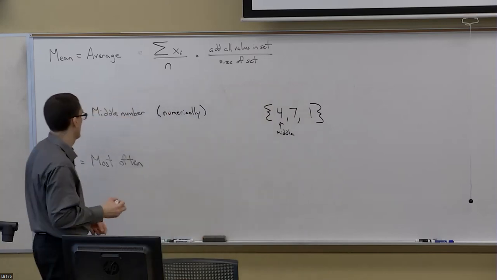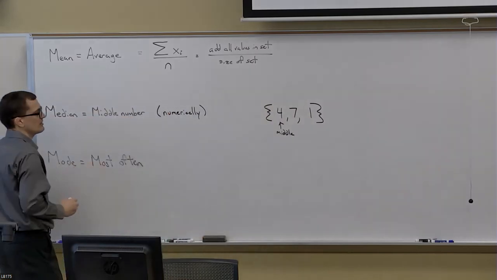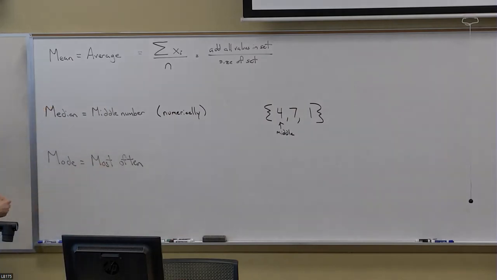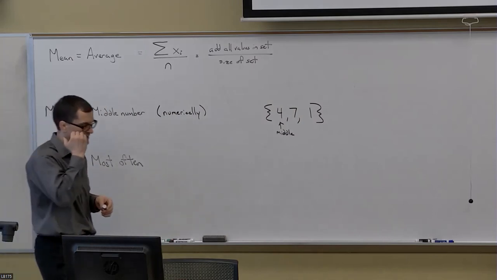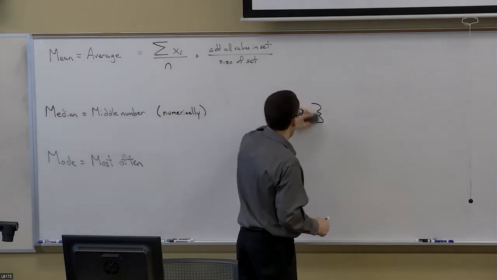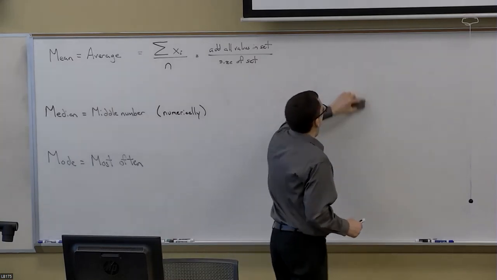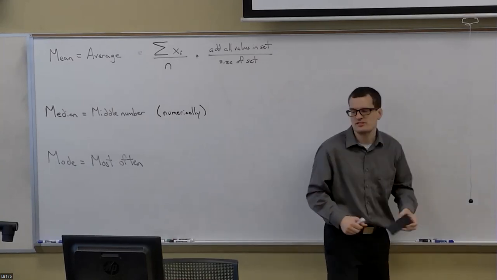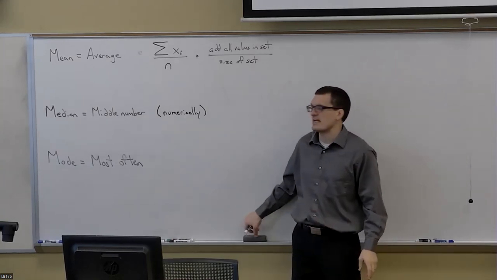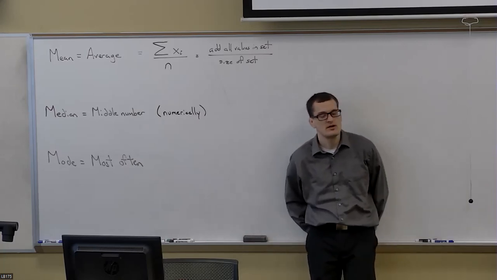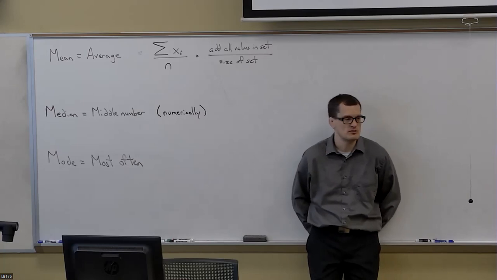Right? And the mode is the most often. So in the set, it's the one that's seen most often. And just as a note, if everything happens exactly once in a set, we say the set has no mode.